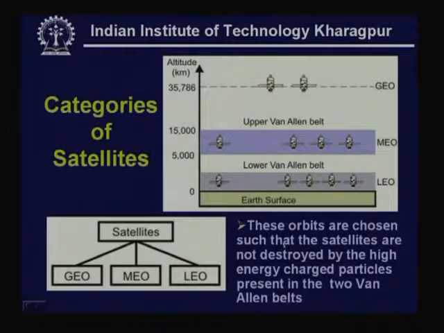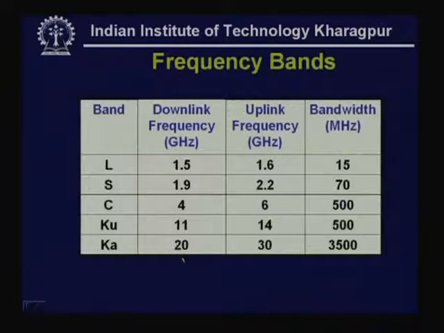As I mentioned, these orbits are chosen such that the satellites are not destroyed by high energy charged particles present in the two Van Allen belts. So, we find that we have broadly three types of orbits.